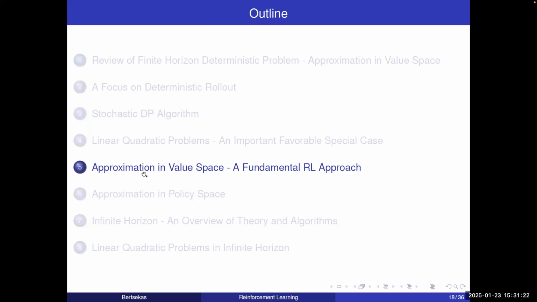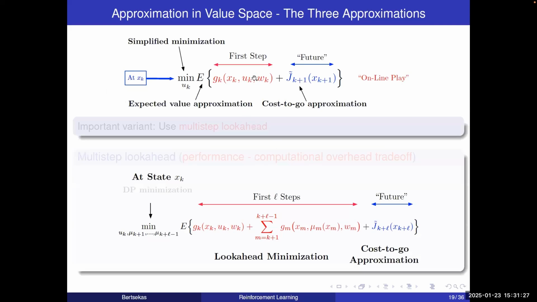But now let's talk about approximation in value space. I mentioned that approximation in value space is simply dynamic programming where J star that we don't know and we don't want to compute is replaced by some J tilde, some approximation. And the way this works is at the current state, we do this minimization involving the cost of the first stage and an approximate cost of the future to the extent dictated by this J tilde.